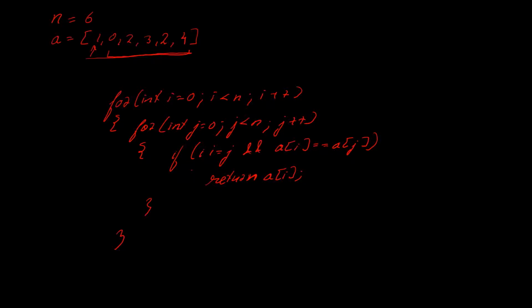So moving to the next approach, we can use the XOR operator. We know the properties of the XOR operator. The first property is that if we XOR a number by itself an even number of times, it will give 0. For example, if we XOR 2 by 2, then it will give 0.